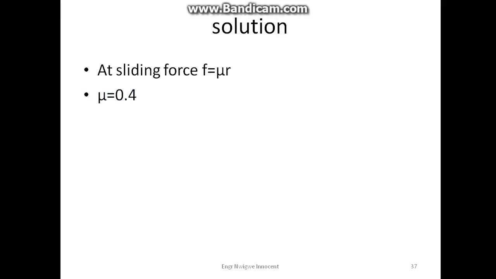Solution: the sliding force or resistance force small f is equal to the coefficient of friction mu times the normal reaction R. Mu has been given to be 0.4. The reaction R is equal to 4 times 9.8.